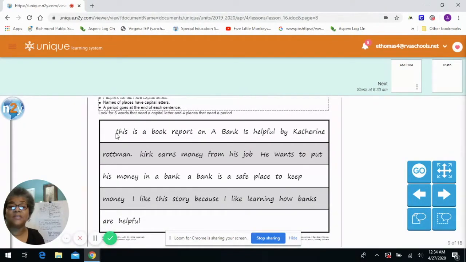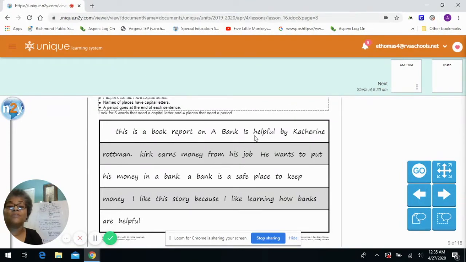All righty, let's look at the first one. It says, this is a book report on a bank is helpful by Catherine Rotman. Okay, so what goes first? Capital letter. So make that a capital letter. The next one says, a book report on a bank is helpful.